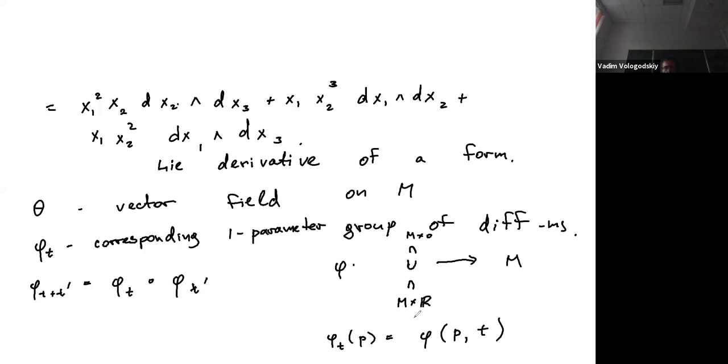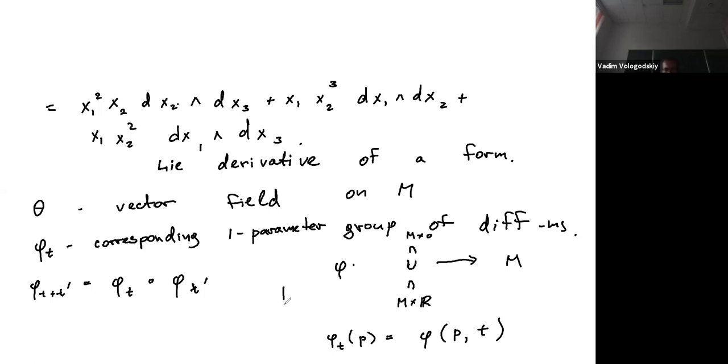That's the notation I use. So for every point P, this phi is defined in a small neighborhood of t equals 0, right?